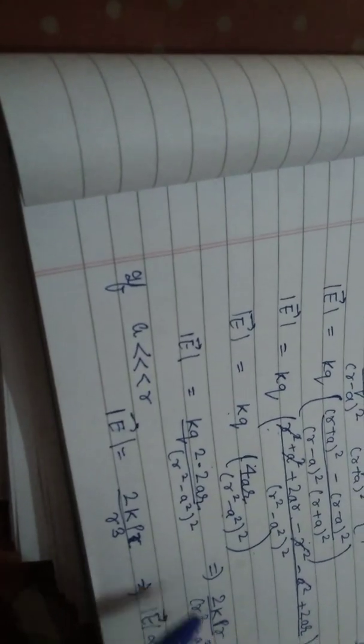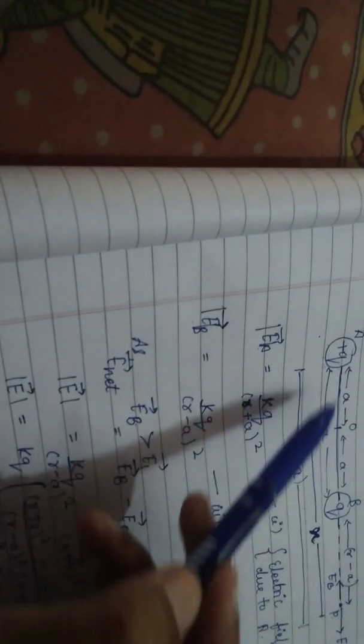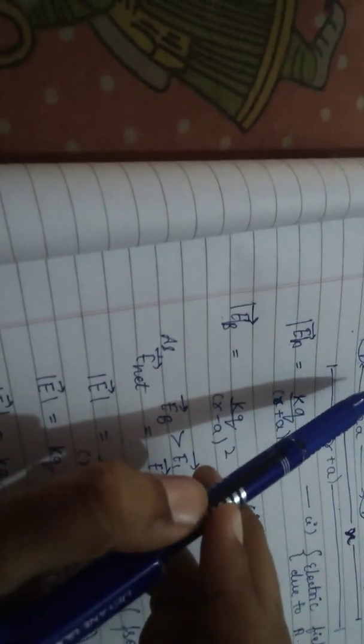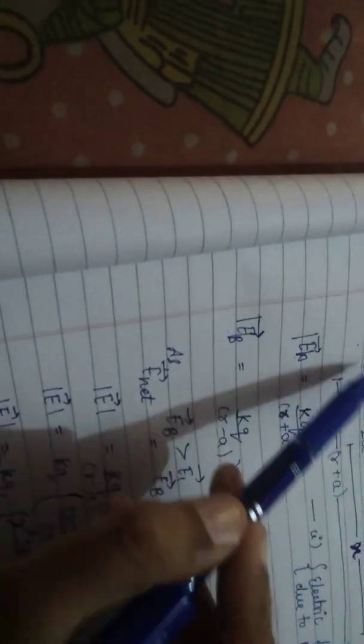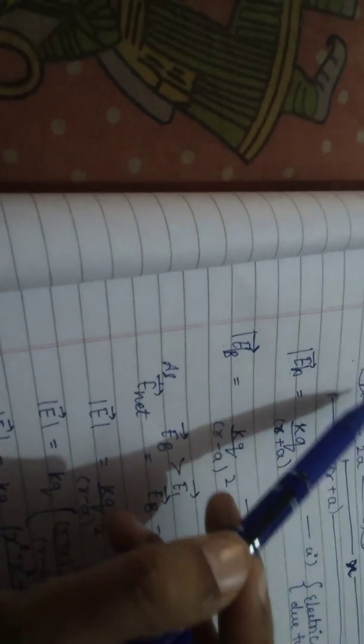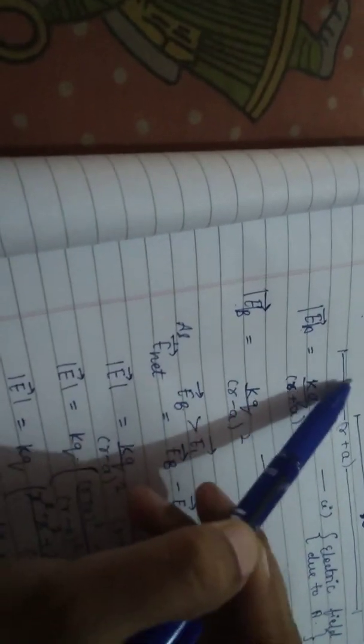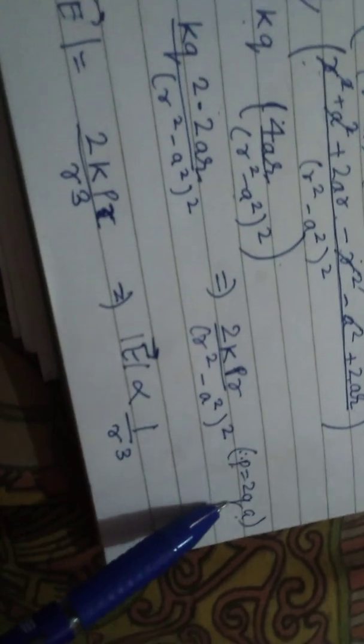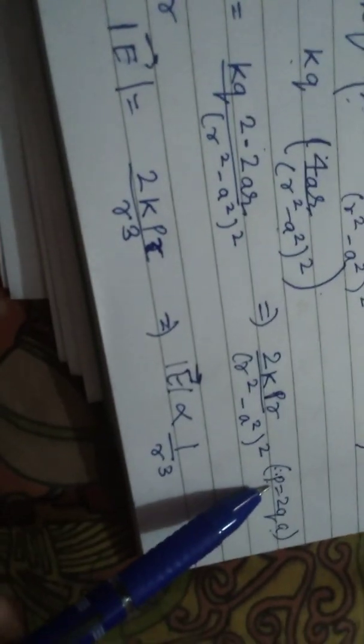Dipole moment is nothing but the product of either of the charges and the distance between the charges, that is q into the distance between the charges, 2a. So the dipole moment, represented by p, is equal to 2qa.